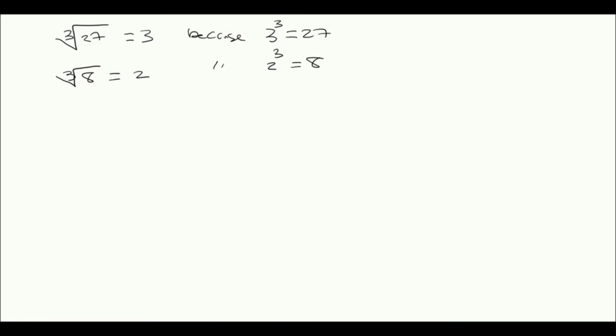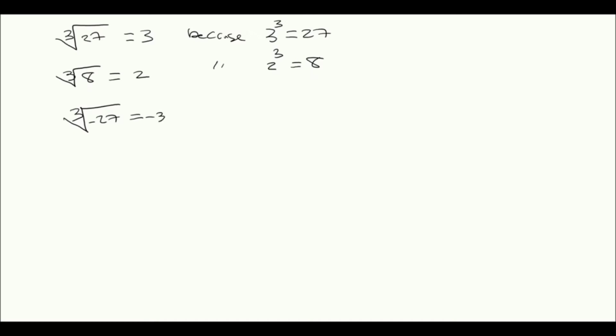Notice that while square roots of non-negative numbers other than 0 gave us 2 answers, with cube roots we get a unique answer. And one problem we had with square roots was that we couldn't have negatives under the radical, but here we can have negatives. Like the cube root of negative 27, what number do you cube to get negative 27?